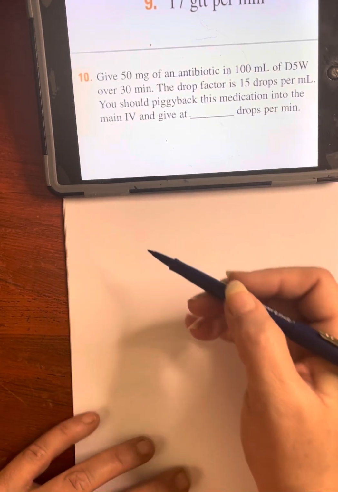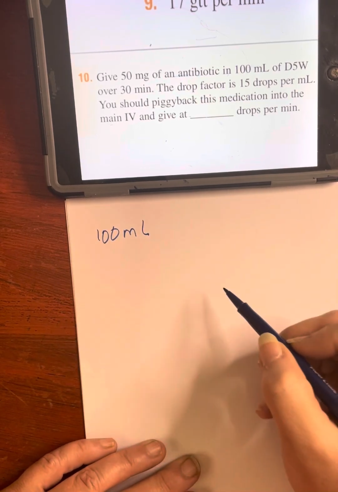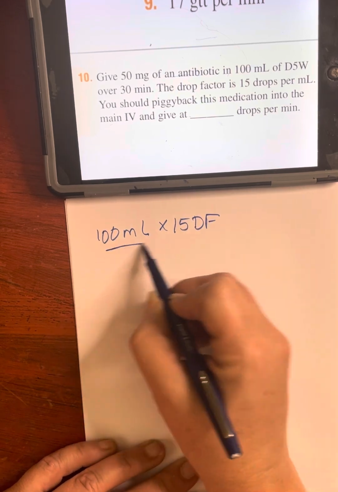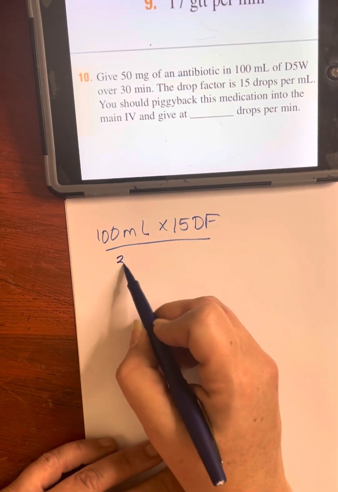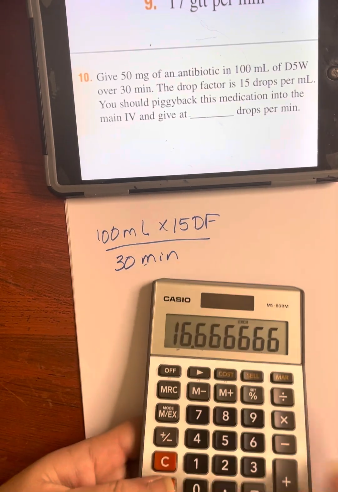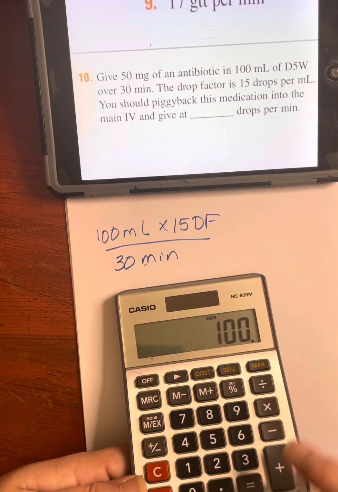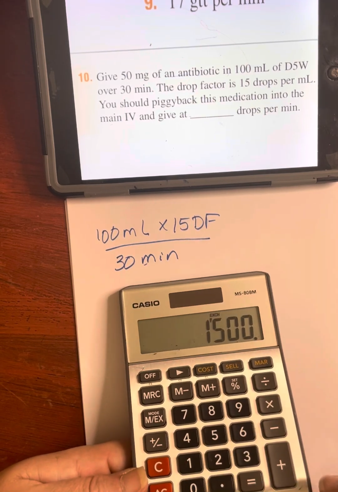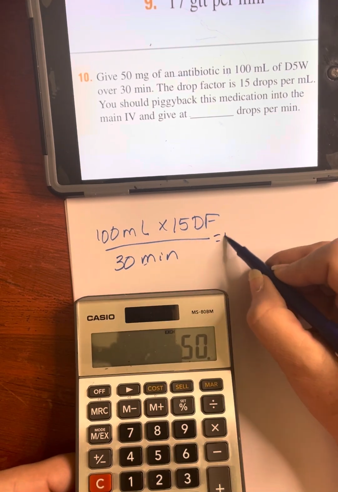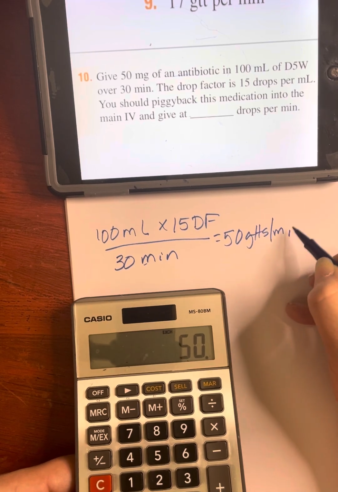Your total volume is 100 milliliters times a 15 drop factor divided by 30 minutes. Then we're just doing the math like an Olympic gold medalist. 100 times 15, divided by 30. It's going to go in at 50 drops per minute.